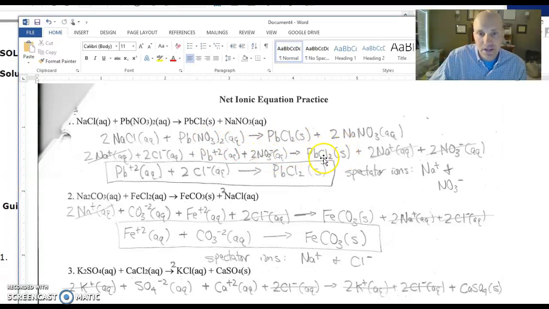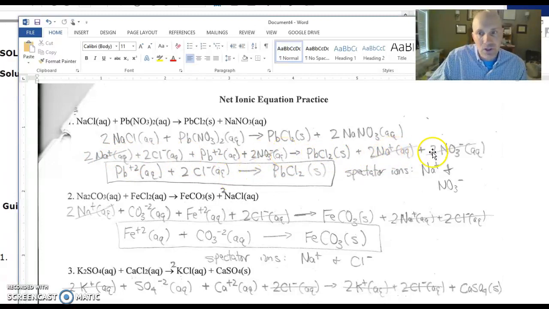This one right here, I don't show it as separate ions because it's a solid, meaning these guys would be bonded to each other when it's in that solid form. But these guys, since they're dissolved, show them as the separate ions. So looking at both sides of the equation, we notice that there are 2 dissolved sodium ions on both sides of the equation, so those do not participate in the reaction.